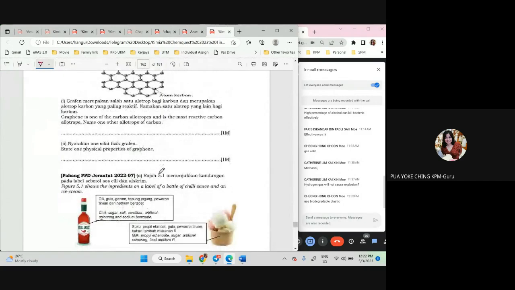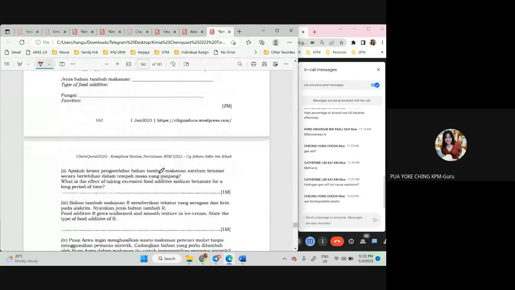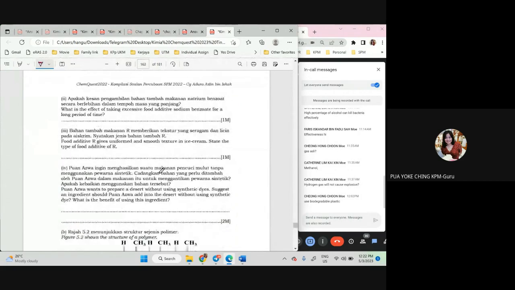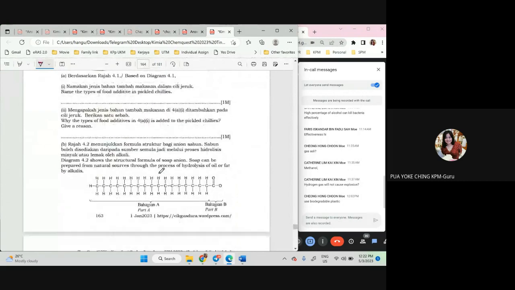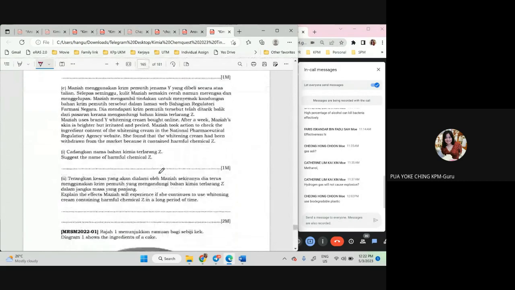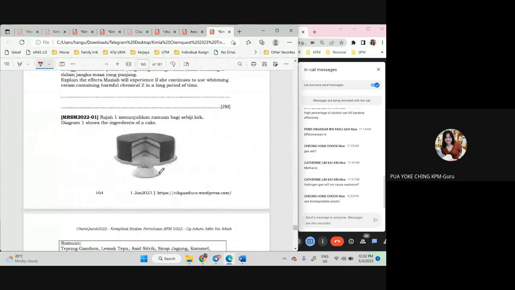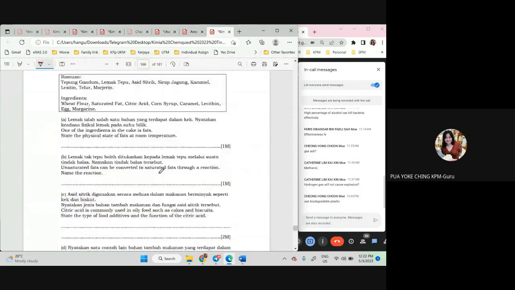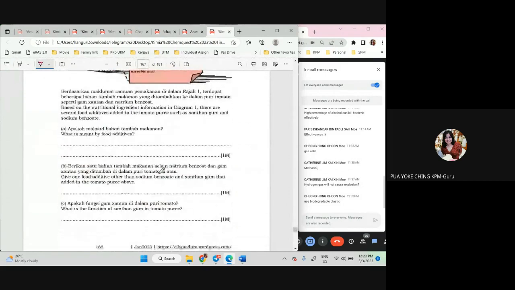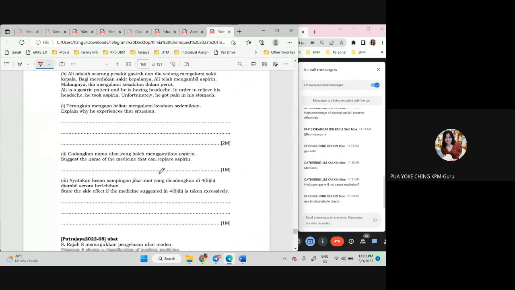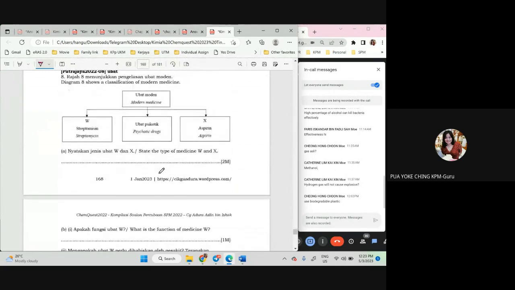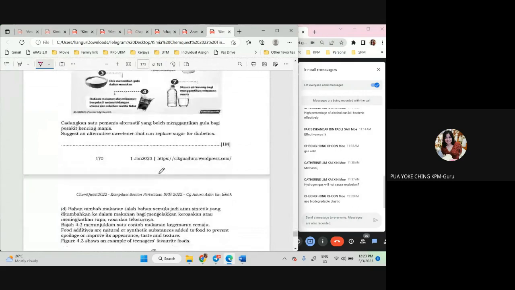And then kalau pakai, then how and why you should use. So this is all the chapter 5. So kalau food additive, dia lebih kepada makanan. And then you need to memorize all the types of food additive. Yang itu saya tak boleh tolong, you kena baca. Then only you can do.